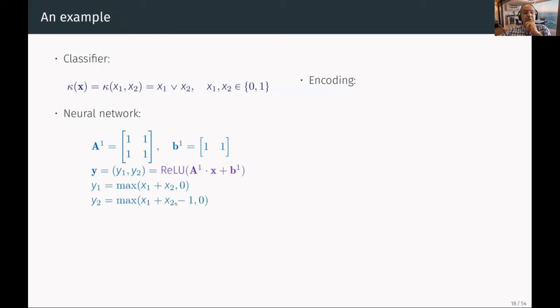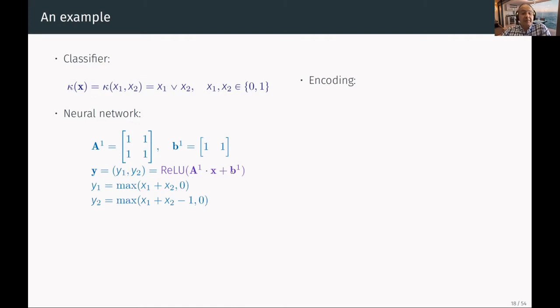One way to do it is to use two layers. In the first layer, I'm going to compute ReLU of the matrix of weights times the inputs plus some bias. The matrix of weights is this one here, and the bias is this one here. So the two values that I'm interested in are ReLU of this.